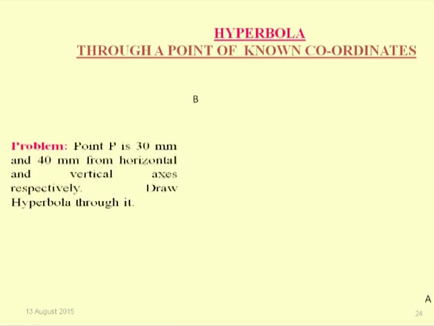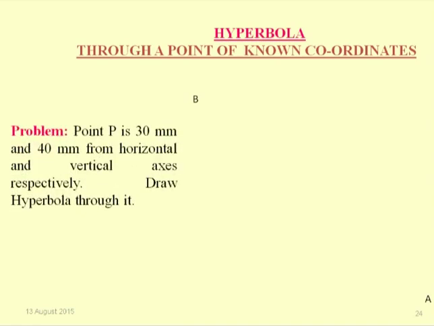The coordinate value is given here, like the point P is at a distance of 30 mm from horizontal and 40 mm from a vertical axis. So here coordinates are given, and from which we can draw a hyperbola.